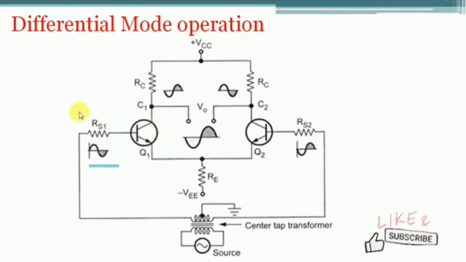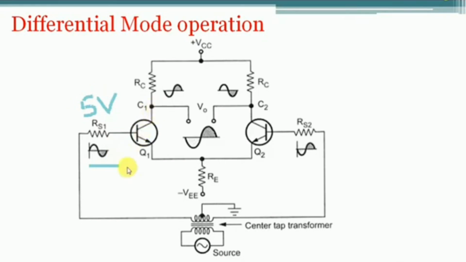For example, consider that the amplitude of the signal at the base of transistor Q1 is 5 volts.